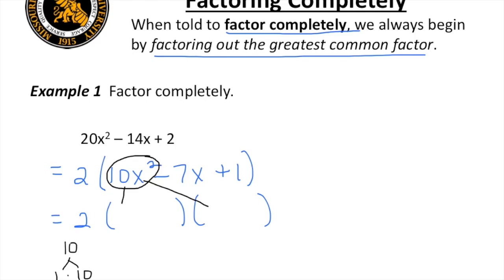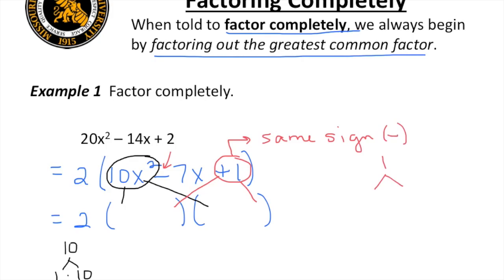Furthermore, the factors of the positive 1, the third term in our trinomial, will go in the back of the binomial. Since this term is positive, that tells us that the factors of 1 that are to go in the back of our binomials will have the same sign. Furthermore, since our middle term is negative, that sign will be a negative sign.